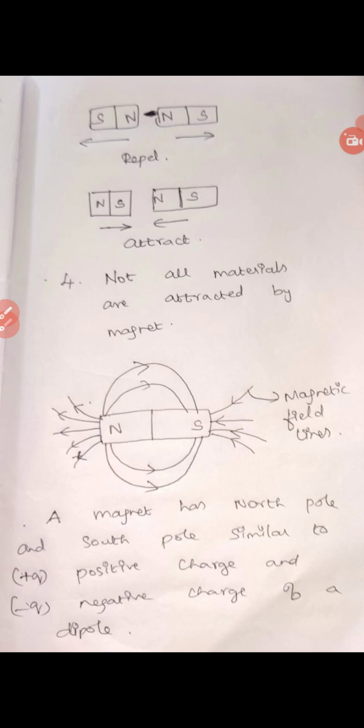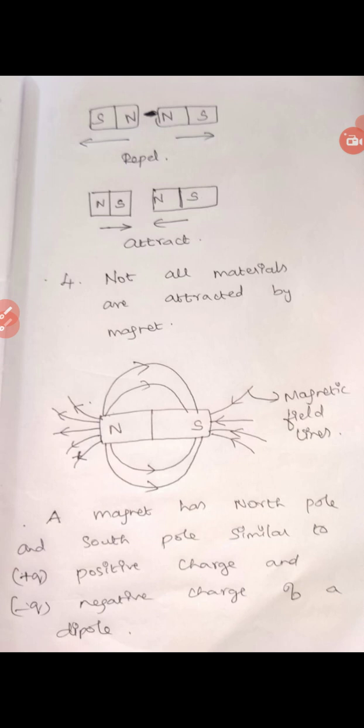Here is the north and south pole of a bar magnet, which has magnetic lines of force, field lines of force, getting out from the north and south poles of the magnet. Because of these lines of force getting out from the north and south poles, a magnetic field is created around the bar magnet.